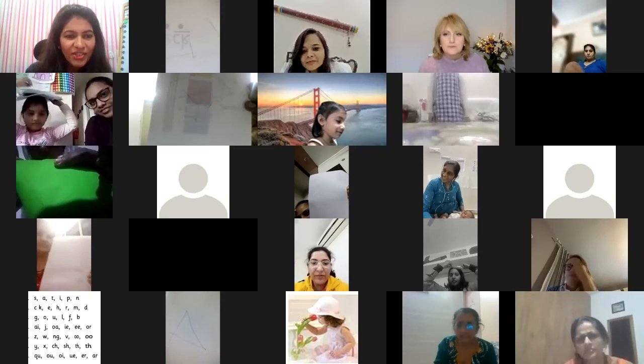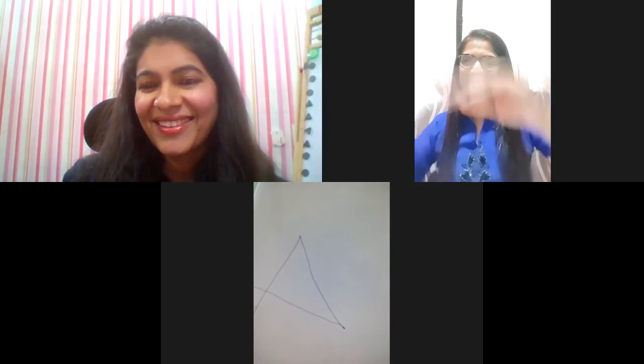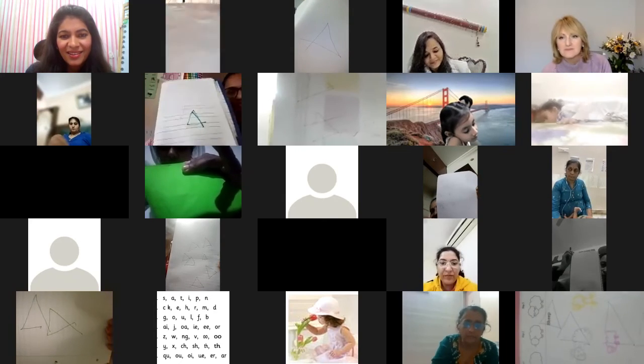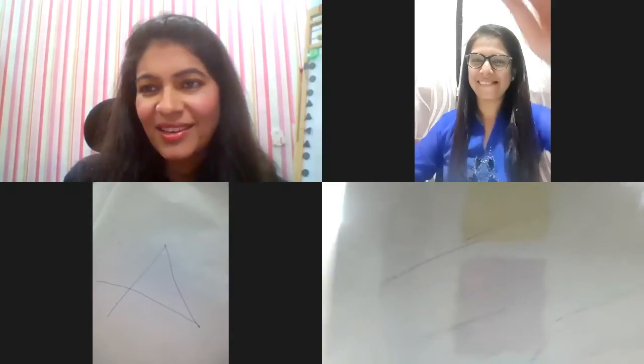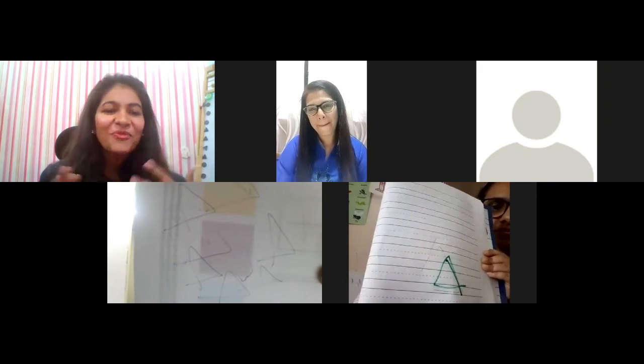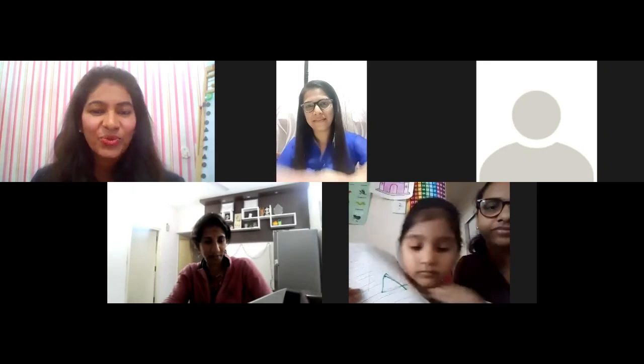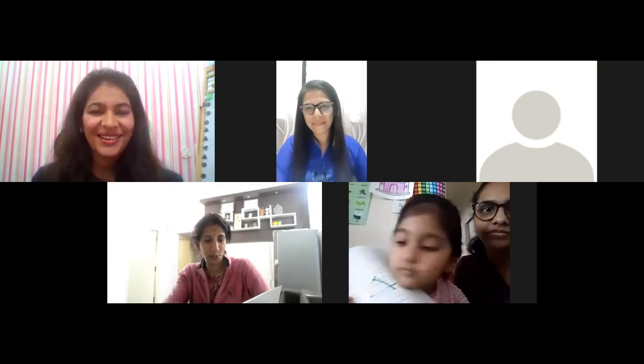And I want to see how many triangles could you draw. 1, 2, 3 perfect triangles which were not overlapping. Okay, let me spotlight one child's work also. Okay, so you can see that a few of the triangles were overlapping and how many good triangles could you draw, right? You yourself know the answer.